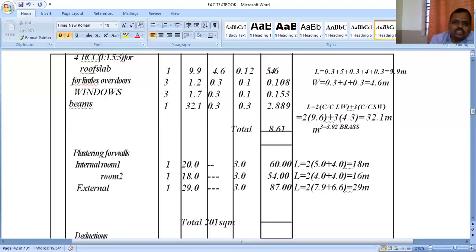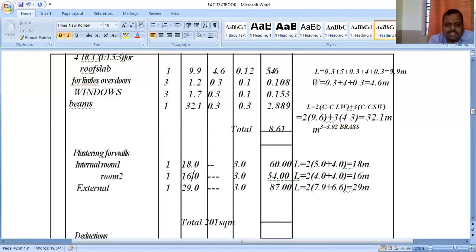So for room 1, the length is 18 meter, and for room 2, it is 16 meter. See here, it is nothing but the internal perimeter of the rooms.